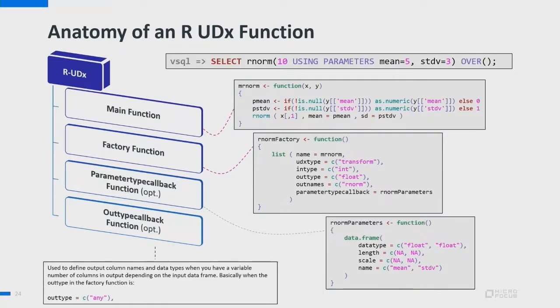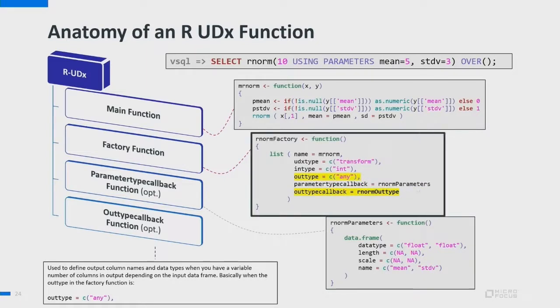And there is also one optional callback function that is called whenever you want your UDX to return a variable number of columns as an output. Usually, in that particular case, you use a special type called any. Let's see, we redefine our UDX to support that situation.